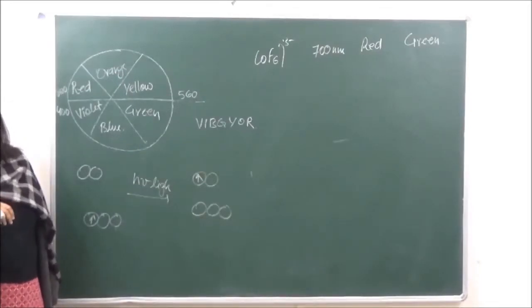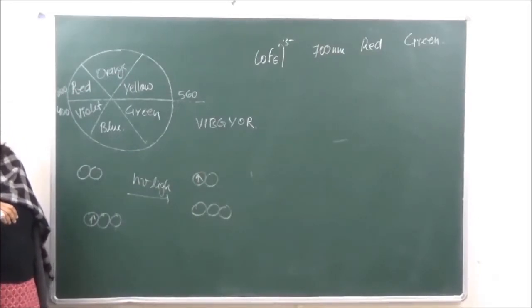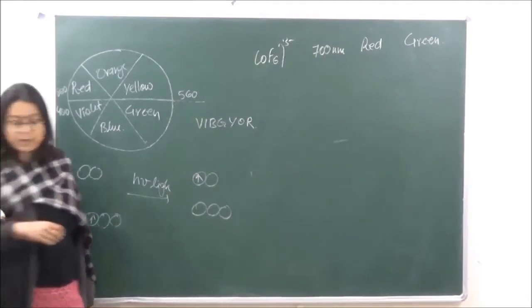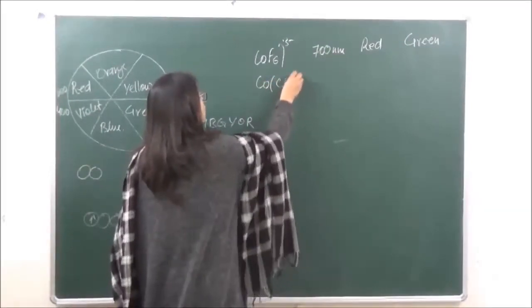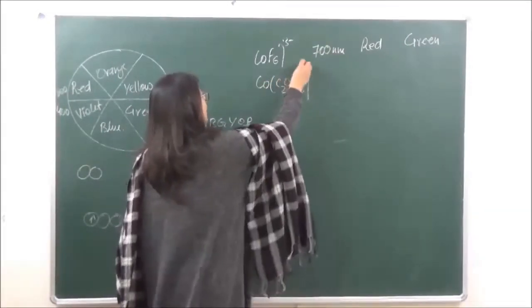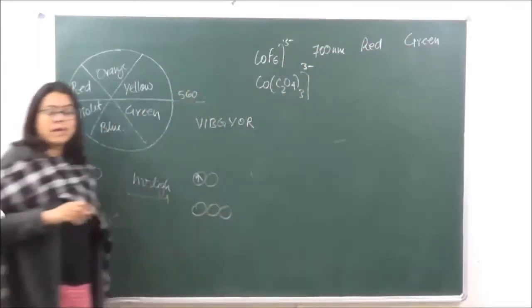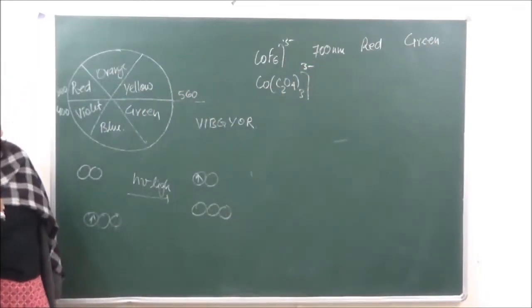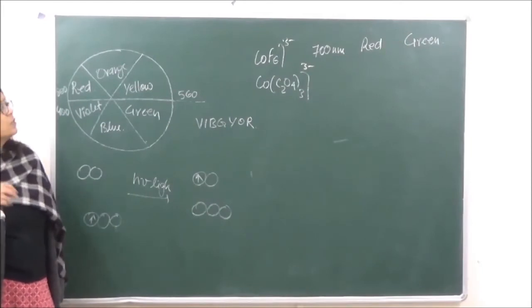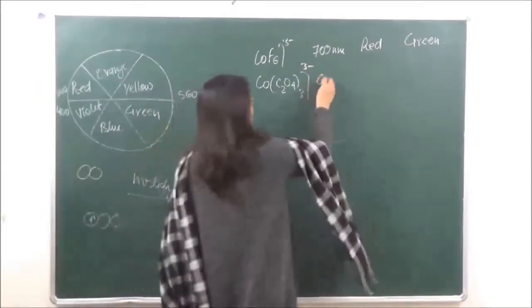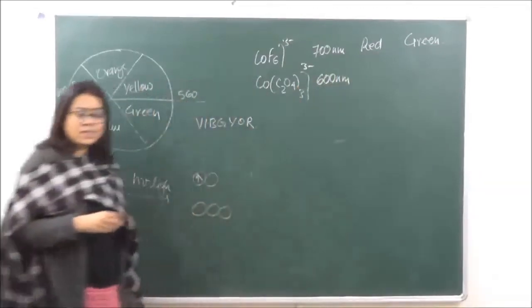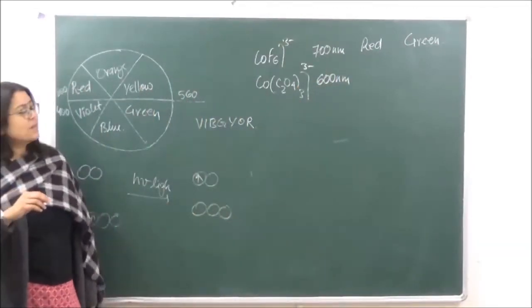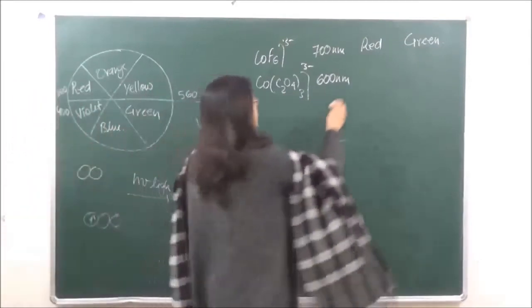Okay? Then we are going to a little stronger ligand. We are taking the oxalate ion over here. So we have [Co(C2O4)3]3-. Although this is a weak field ligand, it is stronger than fluorine. So you will see that it will absorb radiation of a little lower wavelength, 600 nanometers. So 600 nanometers is yellow.